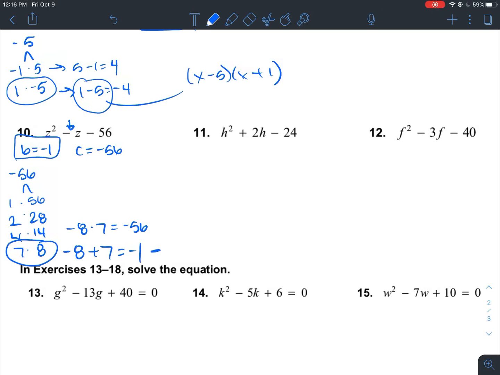So again, this is the b value, this is the c value. Okay, so these two numbers are the factors. So then our factors are z minus 8 and z plus 7.